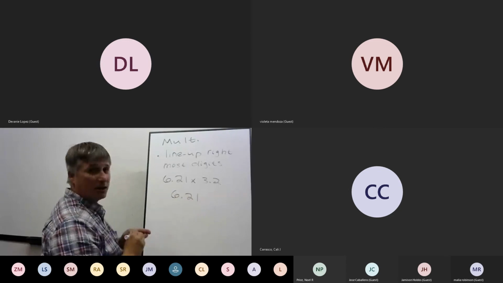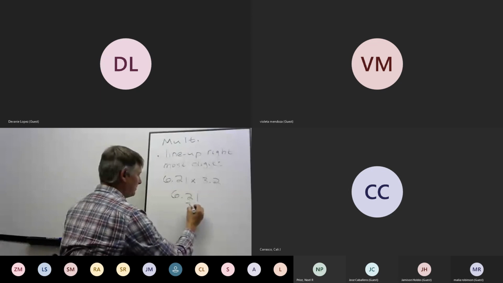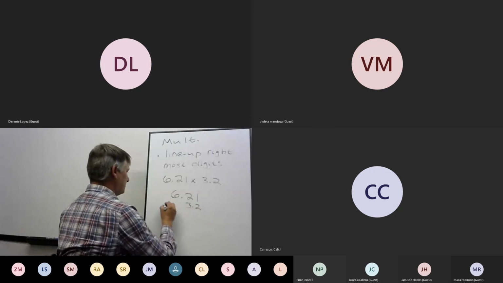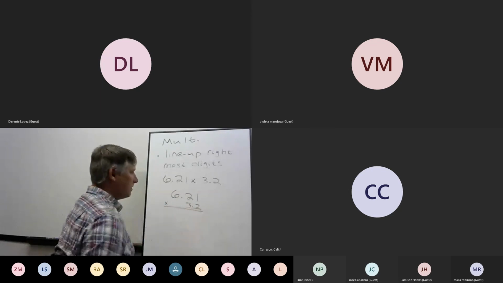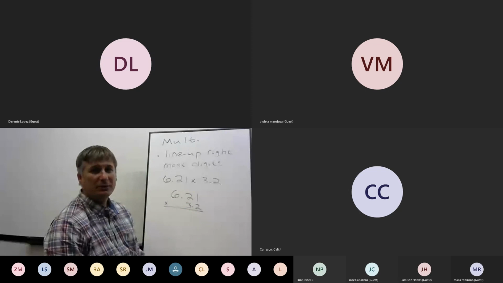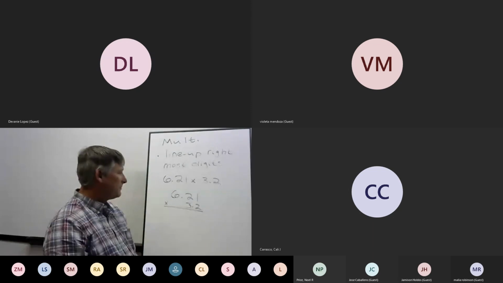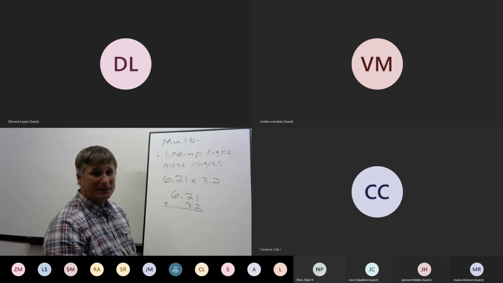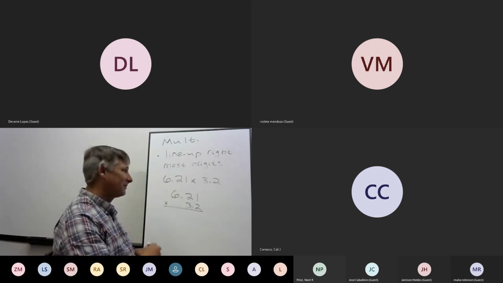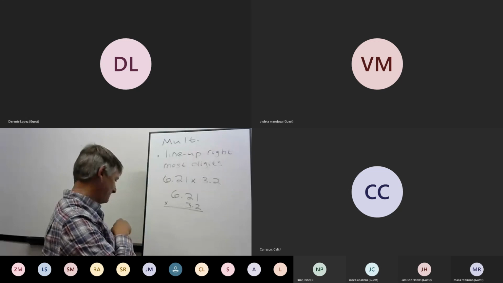What we're going to do is not line up the decimals, but we're going to line up the rightmost digits. And then we're going to do long multiplication, but we're going to pretend like the decimals aren't there to start.